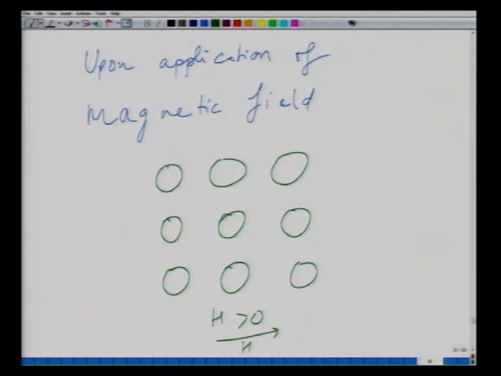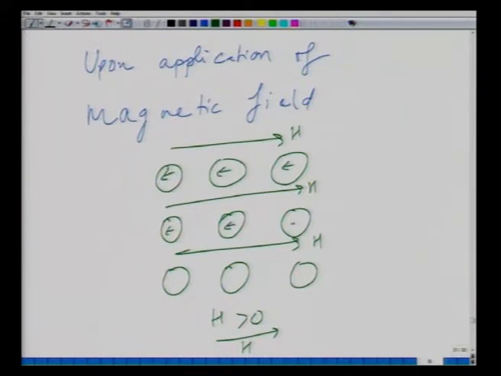This is the field direction H, and the magnetism is in this direction. So this would be M. So M opposes H.